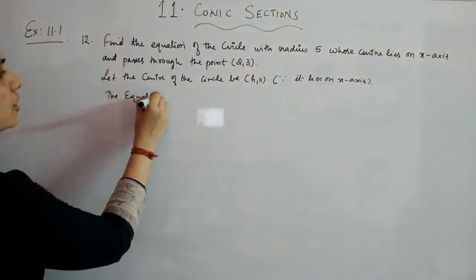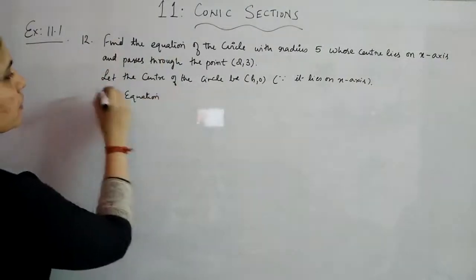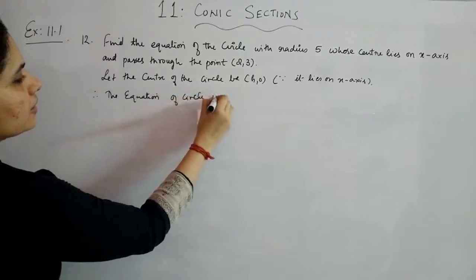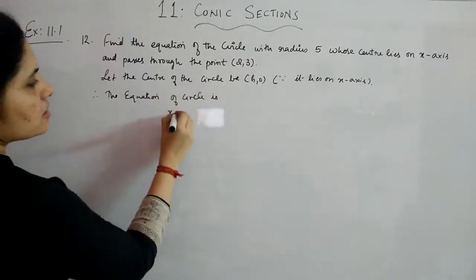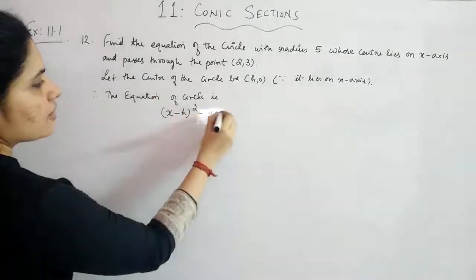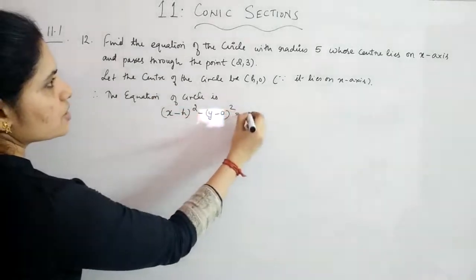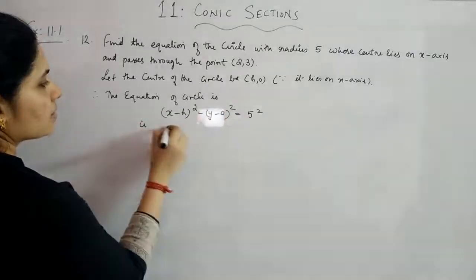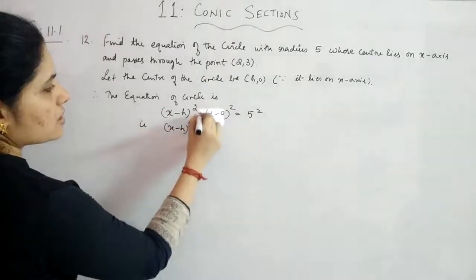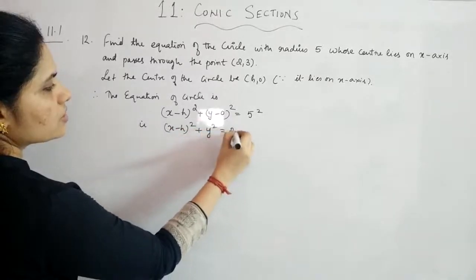So what will be the equation with this condition? Therefore, equation of the circle will be x minus h the whole square plus y minus 0 the whole square equal to 5 square. That is x minus h the whole square plus y square is equal to 25.